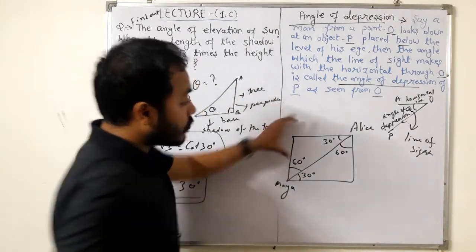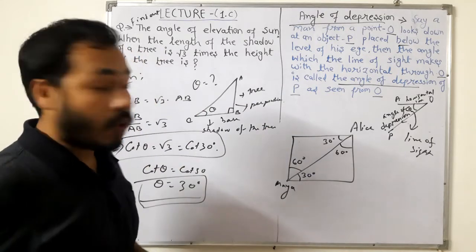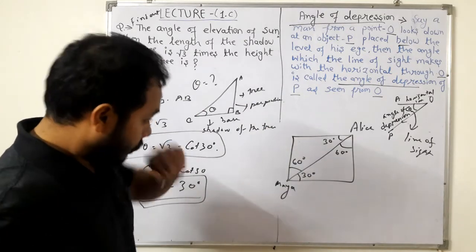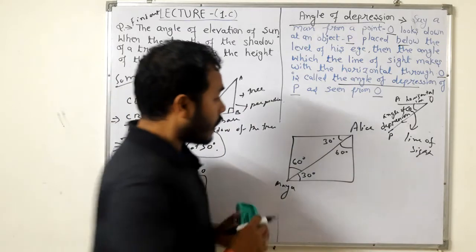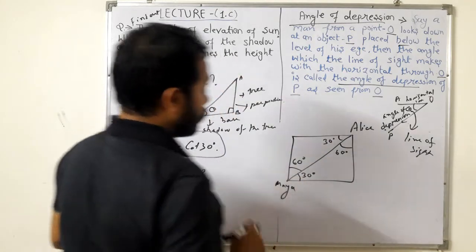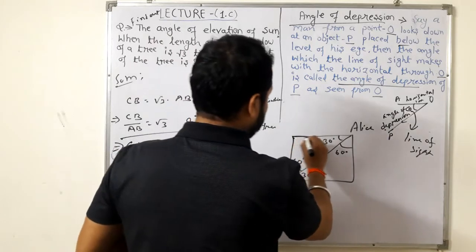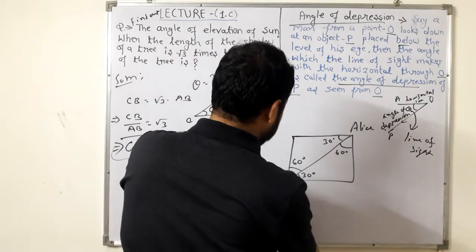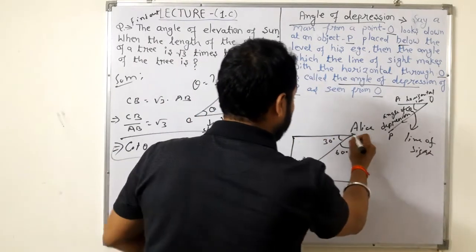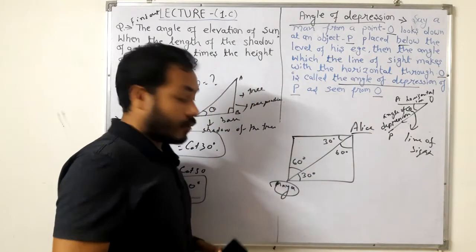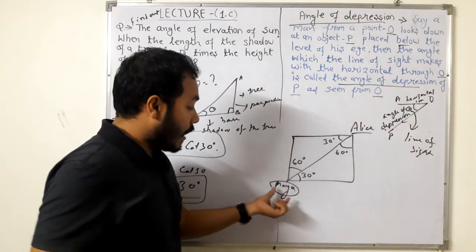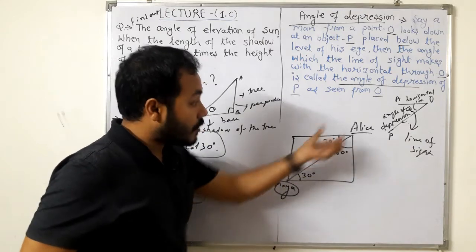You guys take a snapshot of this because I am going to ask one question on it. What will be the angle of elevation of Maya with respect to Alice? Got my question?